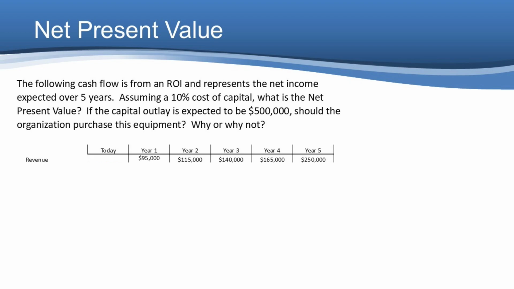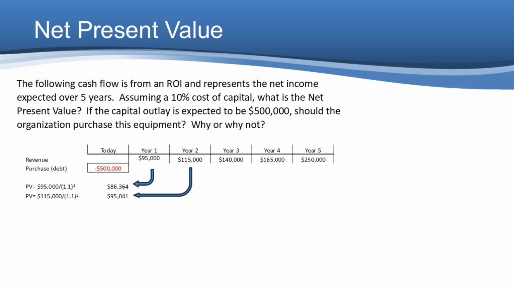Using the same PV formula, I calculate the present value for year 1, which is $86,364. I get this by dividing $95,000 by 1.1 raised to the power of 1 because it's year 1. Then, I proceed with the calculations for each year.